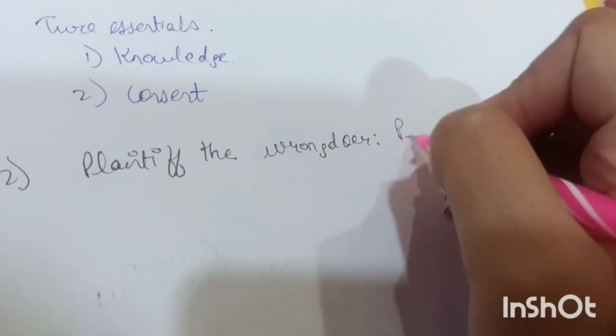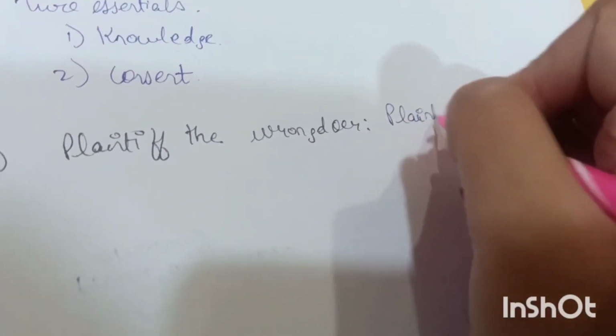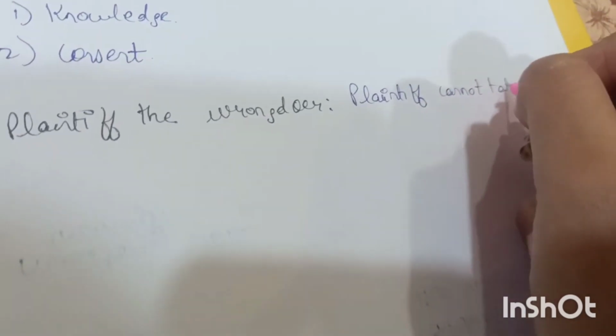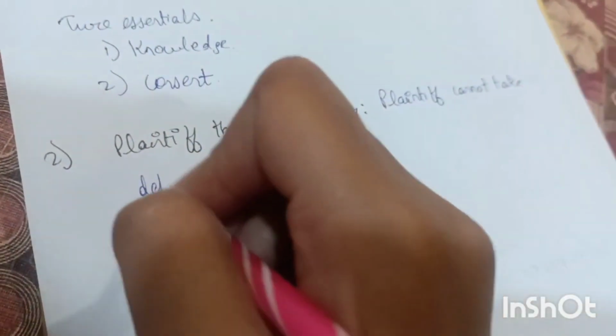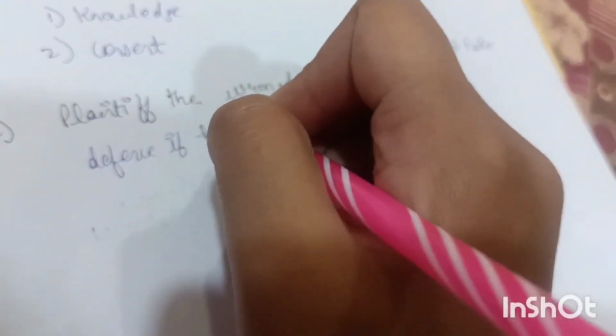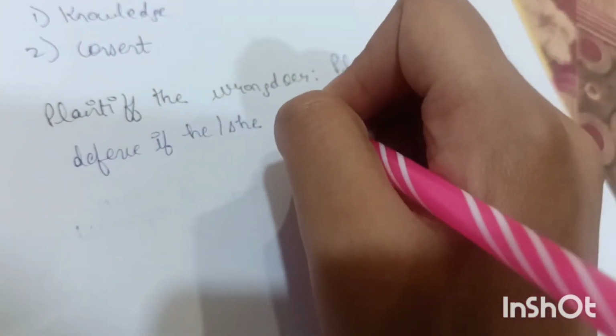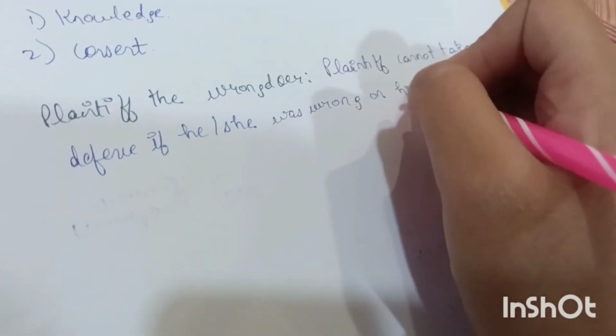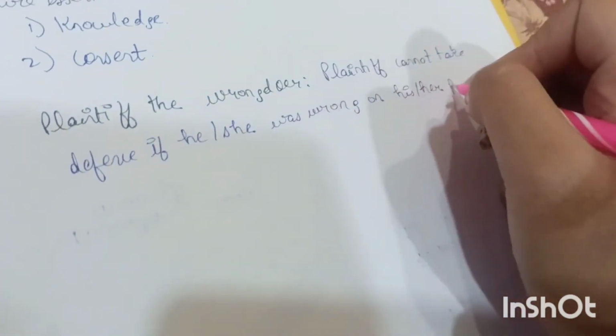Okay, so you can write it: plaintiff cannot take defense if he or she was wrong on his or her part.